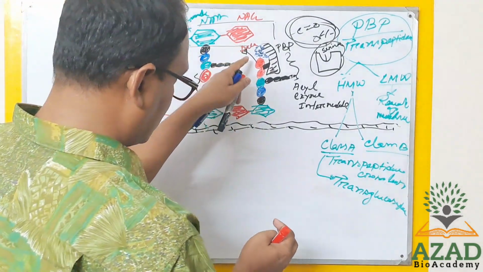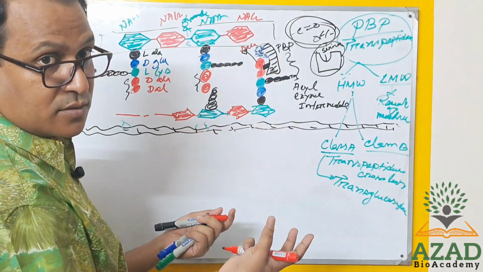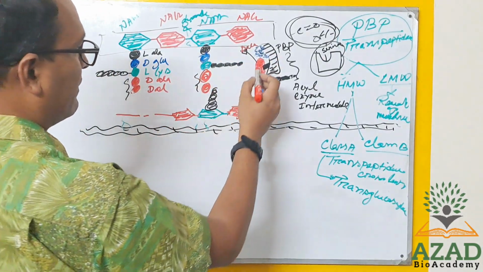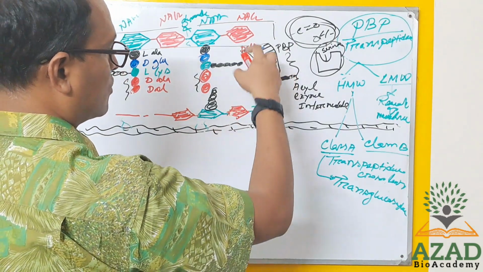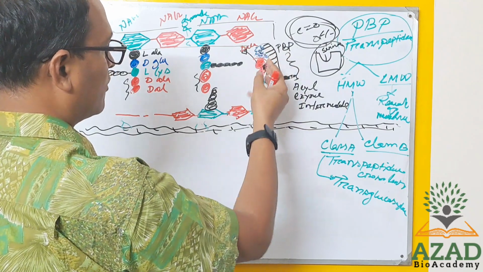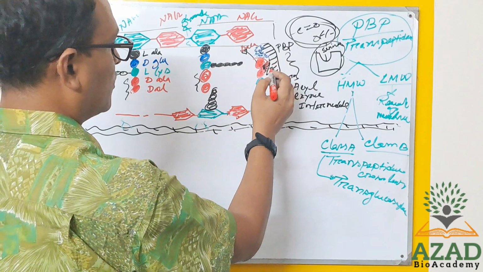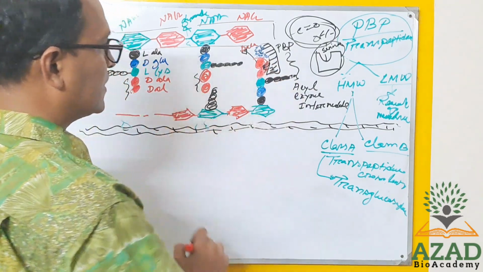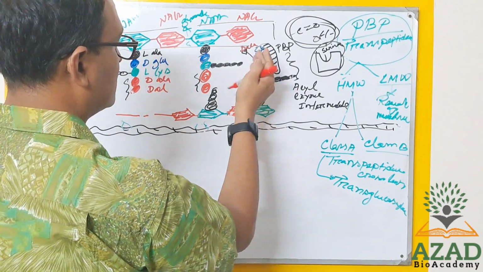By the cleavage of that fifth D-alanine, energy will be produced, and that energy will make that bond very strong. That is, covalently it will form an esterification, an acyl ester bond with the fourth D-alanine. And that fifth D-alanine is just gone.